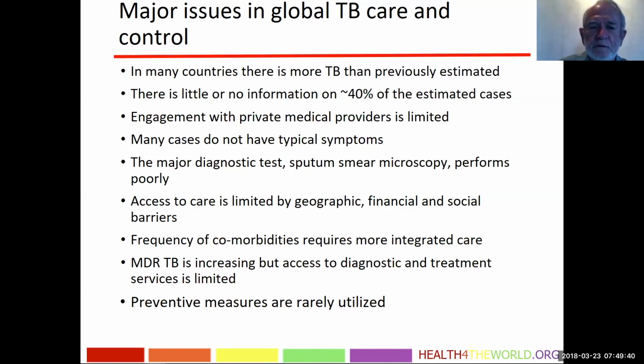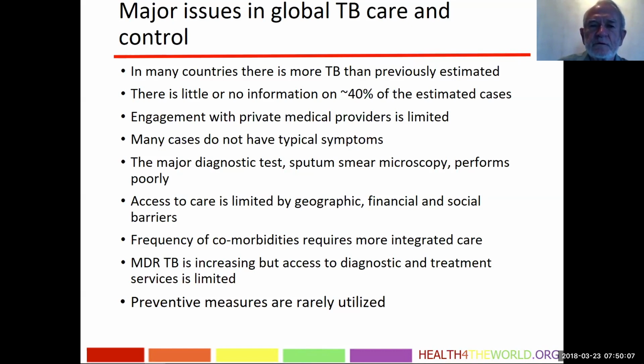And so we're doing very poorly at both identifying and successfully treating patients with MDR tuberculosis in many parts of the world. And finally, preventive measures, both infection control in facilities and the use of treatment of latent tuberculosis infection are rarely used in most parts of the world.